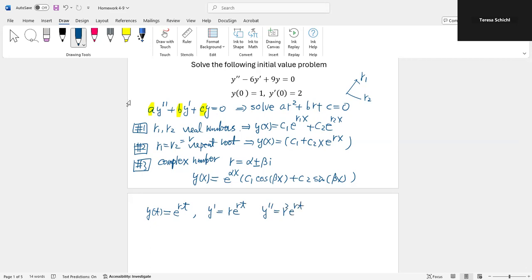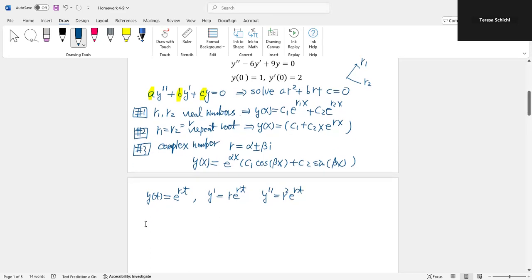Then when you plug it back into my differential equation, y double prime, you will have r squared e to the rt minus 6r e to the rt plus 9 e to the rt equal to 0. So you can factor the e to the rt out, and you have r squared minus 6r plus 9 equal to 0.